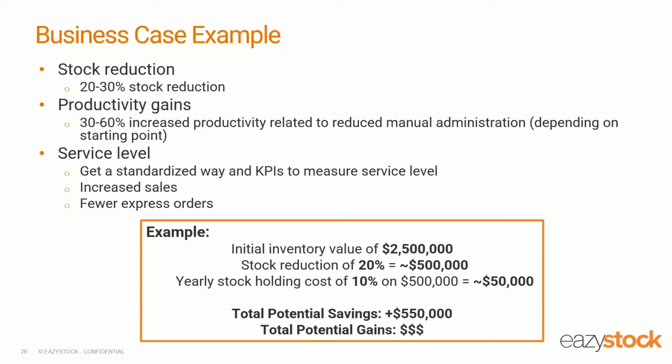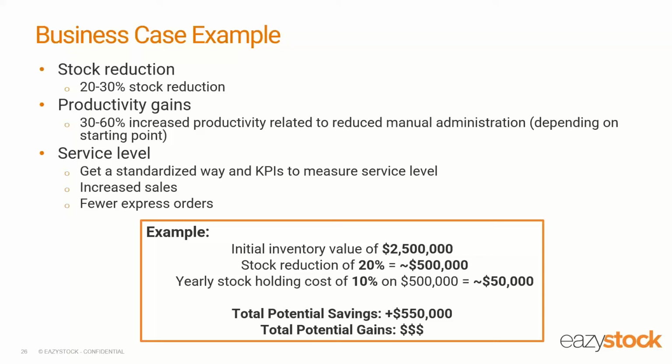However, we do understand that in today's circumstances, it's not always a bad thing to have more on hand, especially with some of the supplier issues. We're just here to give you an insight on what can be reduced if it's necessary, but of course it's up to you whether or not you want to take those steps to reduce the stock or not. But with EazyStock in normal times, typically we can achieve a 20 to 30% stock reduction.